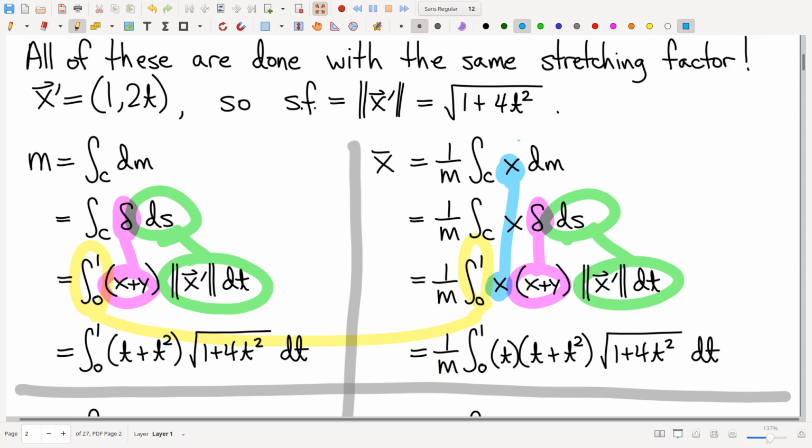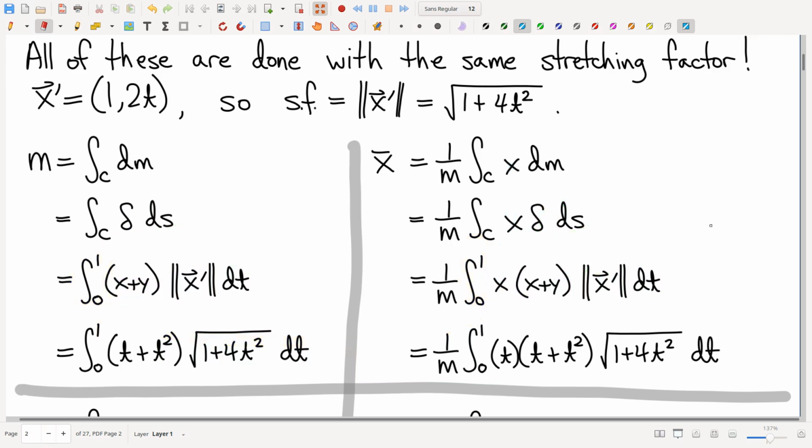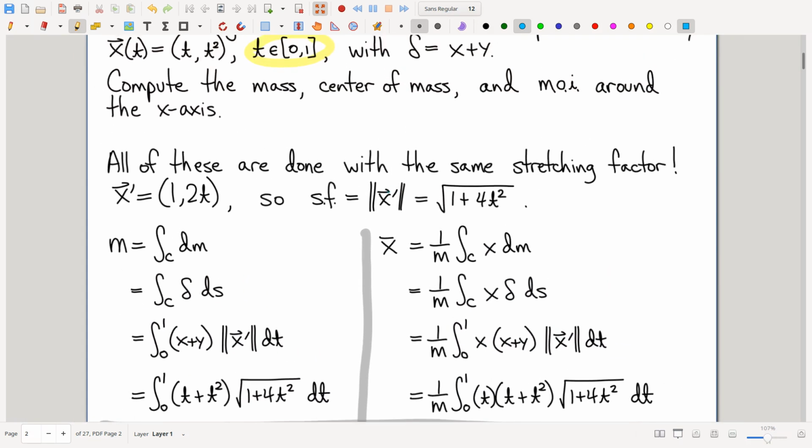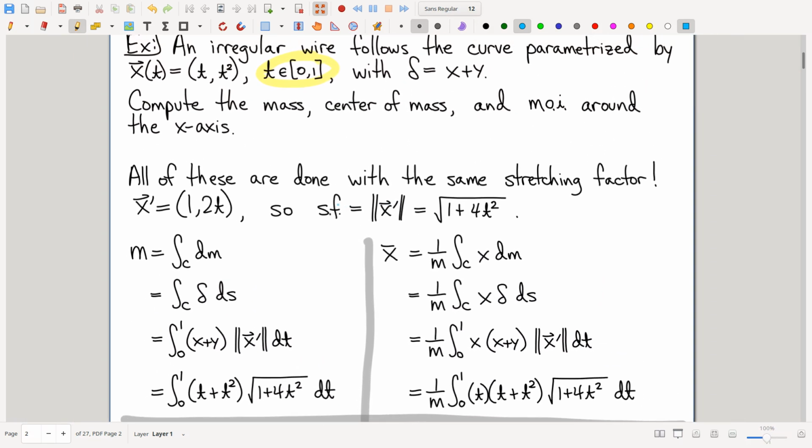Now, last remaining question, how do I actually turn all this in terms of t? Just keep in mind that all this stuff is already given in terms of t, and I have computed in terms of t. So, for example, what do I do with this x prime? Well, I already computed it. There's x prime as a function of t, same in both integrals.